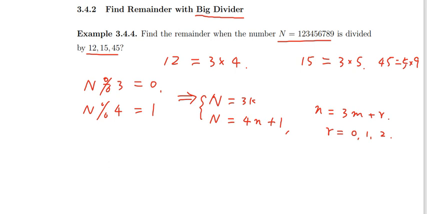So we say n equals 4 times (3m plus r) plus 1. So this equals 12m plus 4r plus 1.